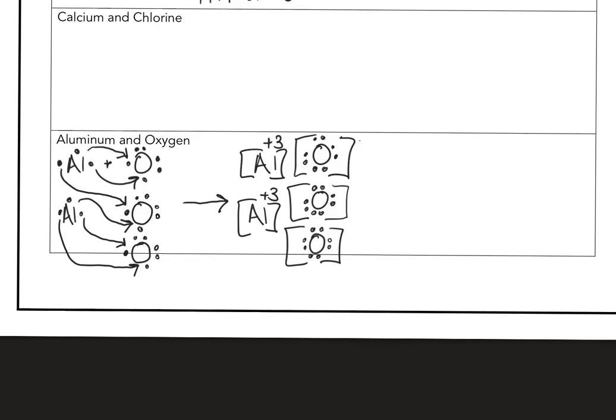My non-metals all have negative charges, and they all gained 2 valence electrons, so they will have a -2 charge. And my final formula is going to be Al2, because I have 2 aluminums, O3.